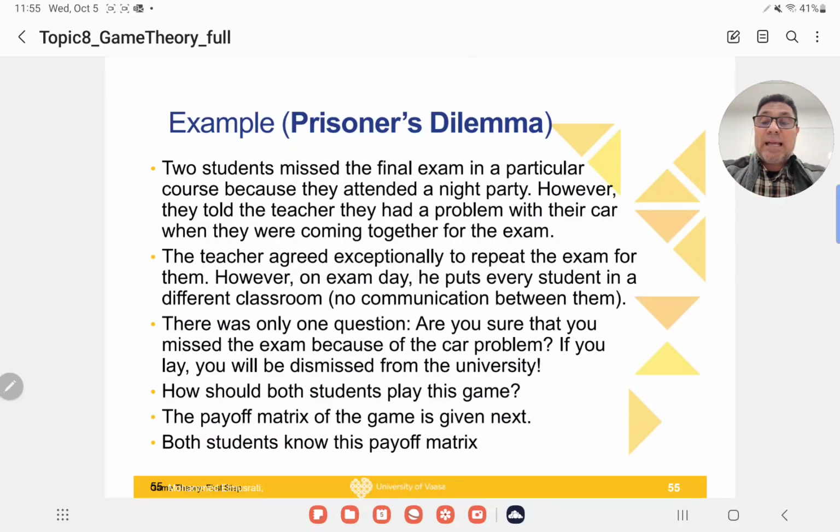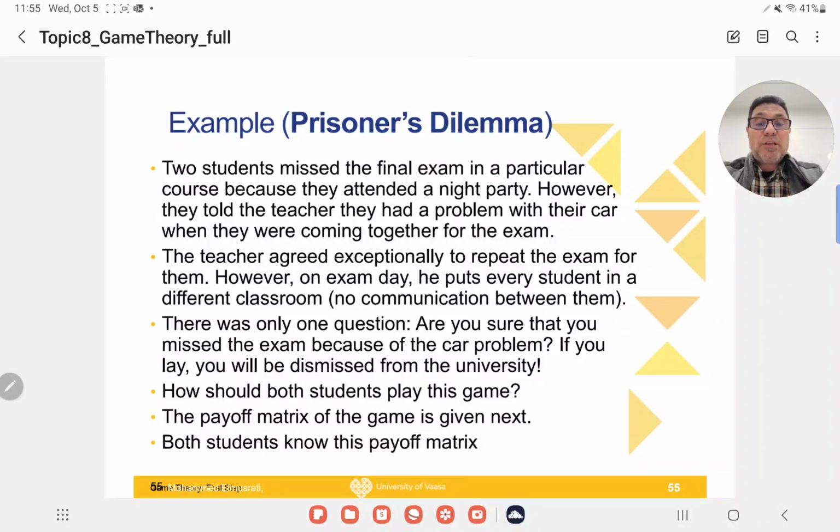If you lie, you will be dismissed from the university. It means that if the student didn't tell the truth, he or she will be dismissed from the university. How should both students play this game, or how should both students react to this?